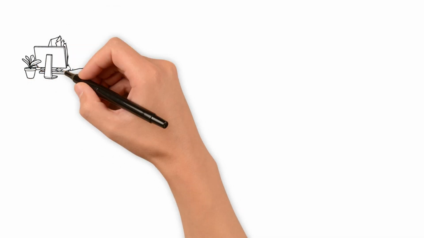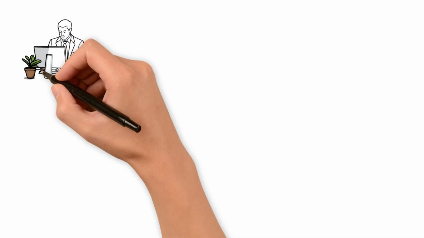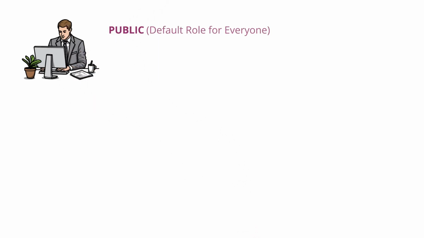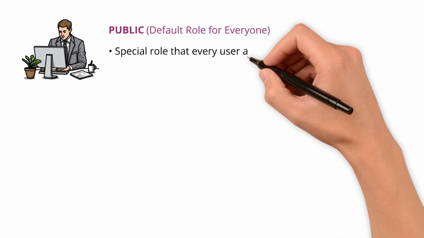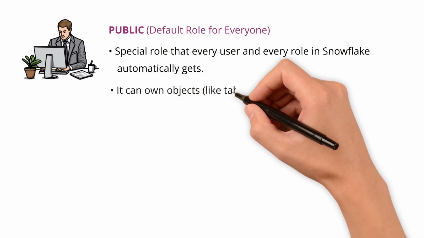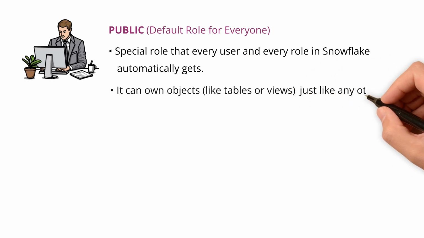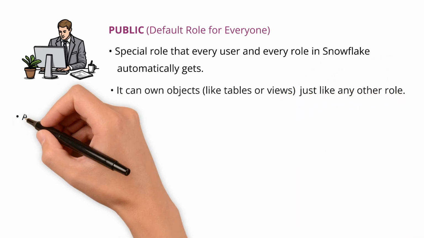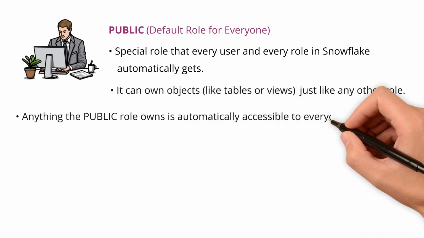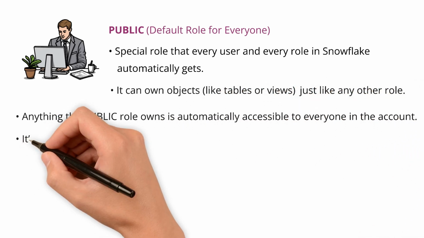Finally, let's look at the default role that every user automatically gets. That is public. This is a special role that every user and every role in Snowflake automatically gets. It can own objects like tables or views, just like any other role. But here is the key. Anything that public role owns is automatically accessible to everyone in the account.